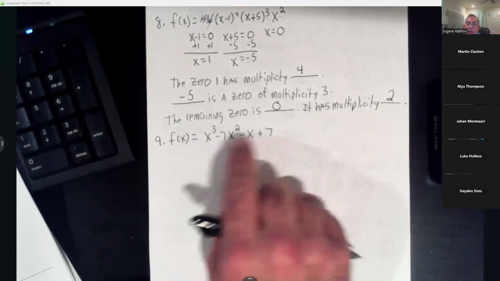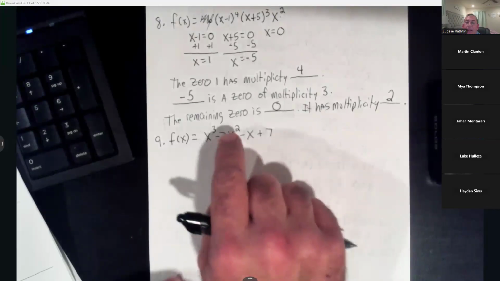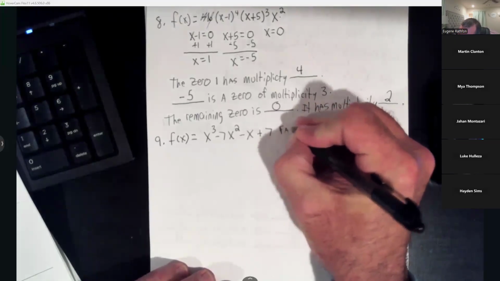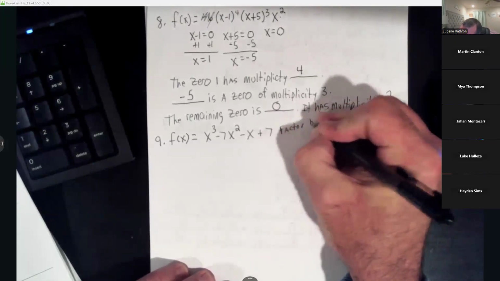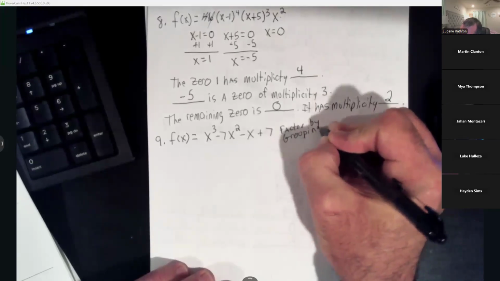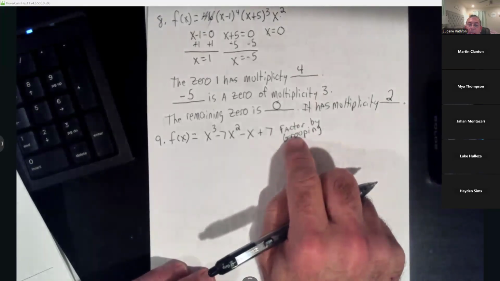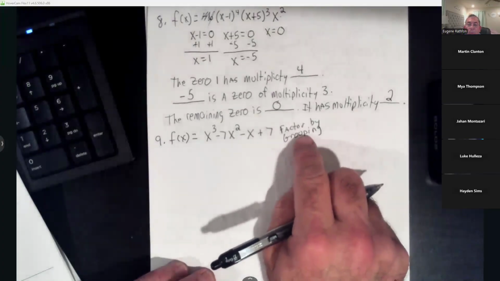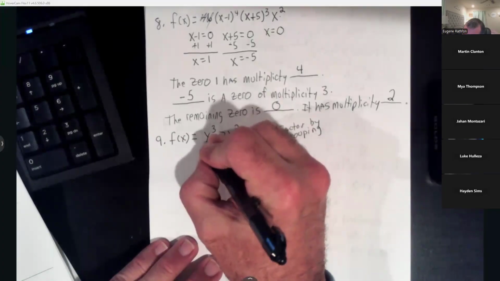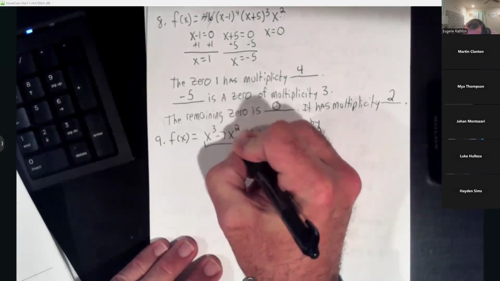So y'all, I'm going to show you how I factor these. I factor 4-term polynomials by grouping. And y'all, I'm going to do exactly what it says. Factor by grouping. I'm going to make 2 groups over here. I'm going to group the first 2 terms together.